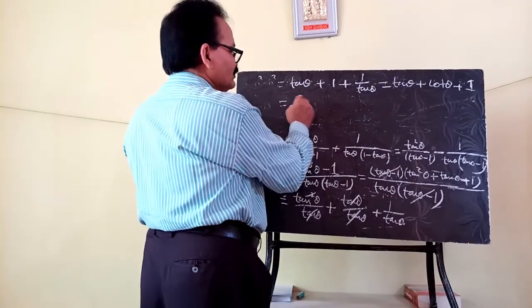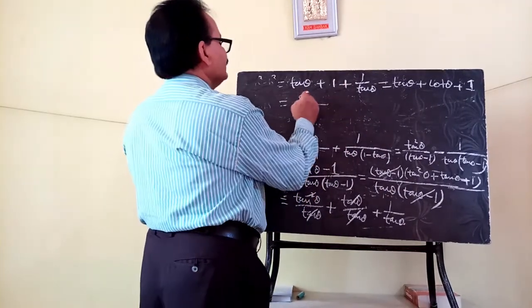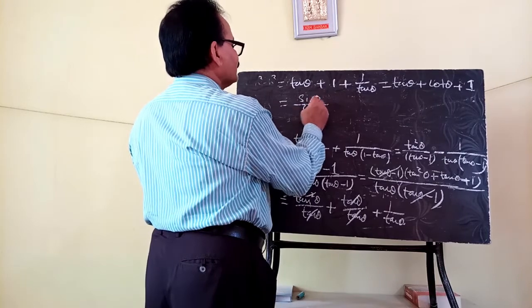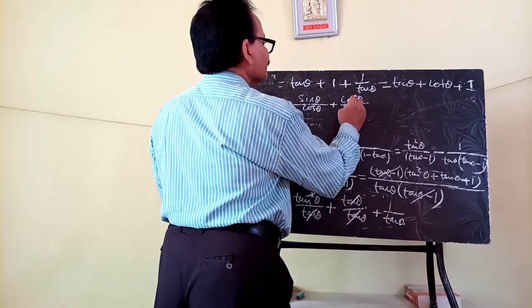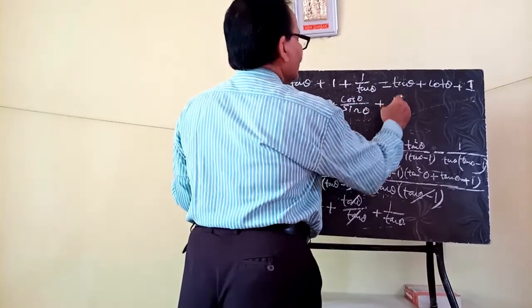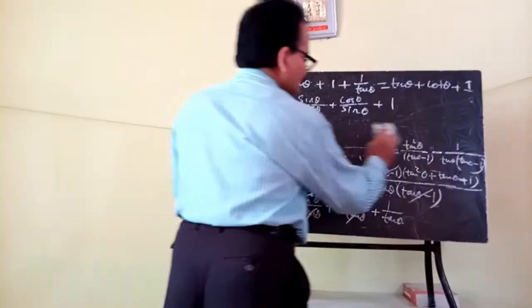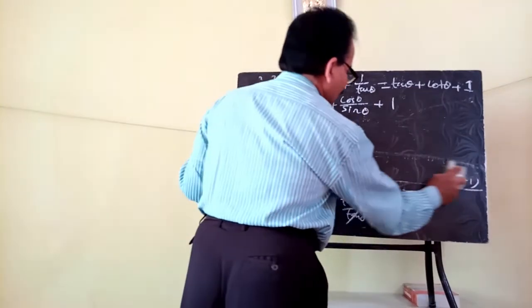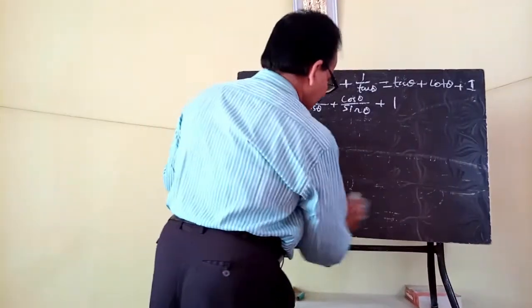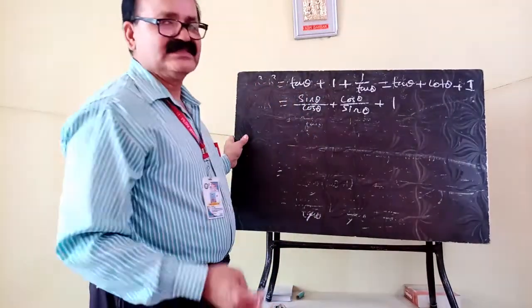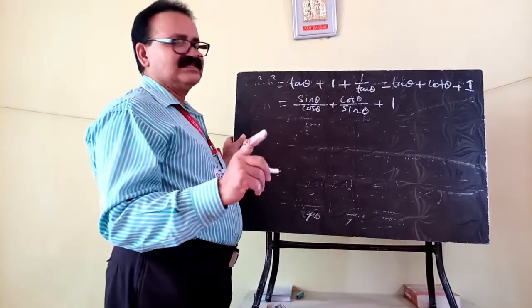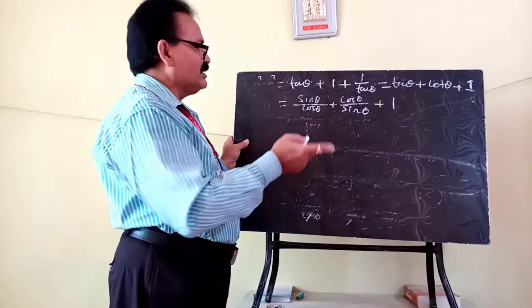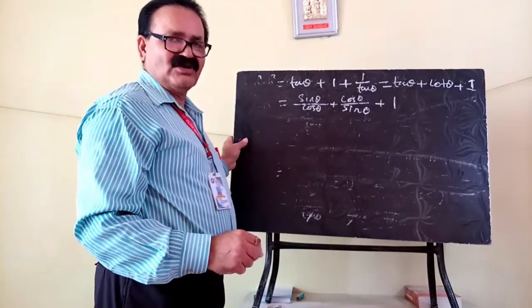Now you change it into sine and cos. This is sine theta by cos theta plus cos theta by sine theta plus 1. Because after that your target is to find the RHS. RHS is 1 plus sec theta into cosec theta, and there is no such direct relation, so I have to change into sine and cos form.